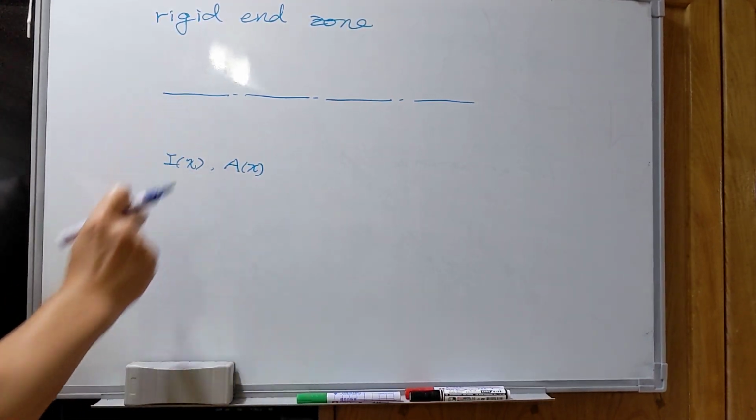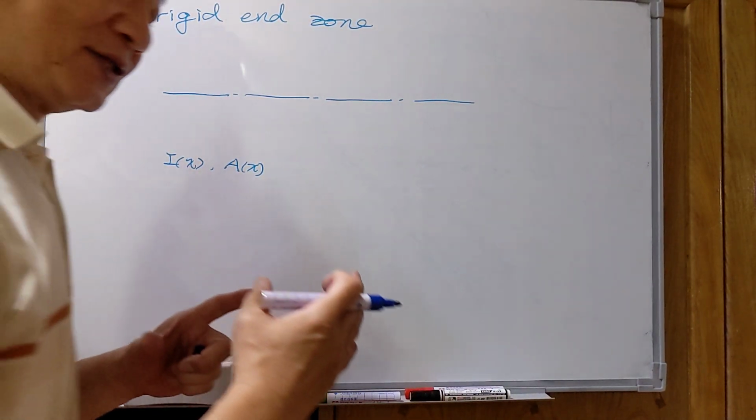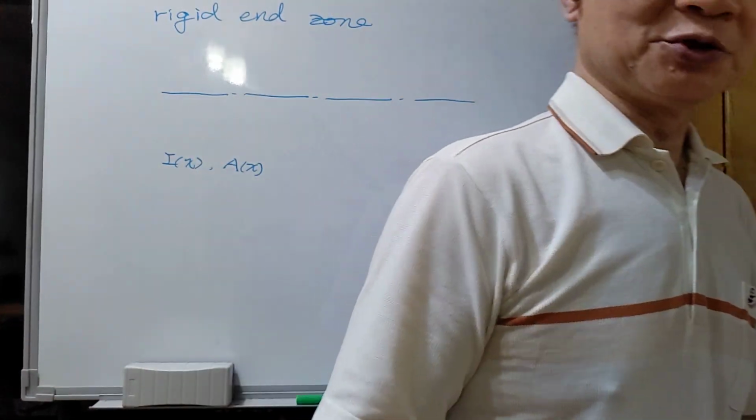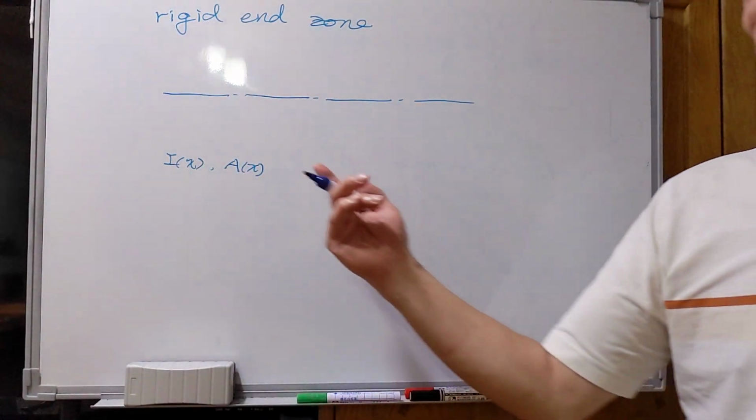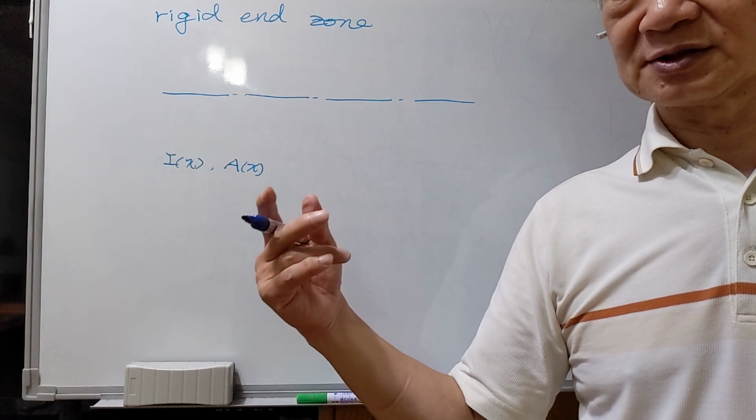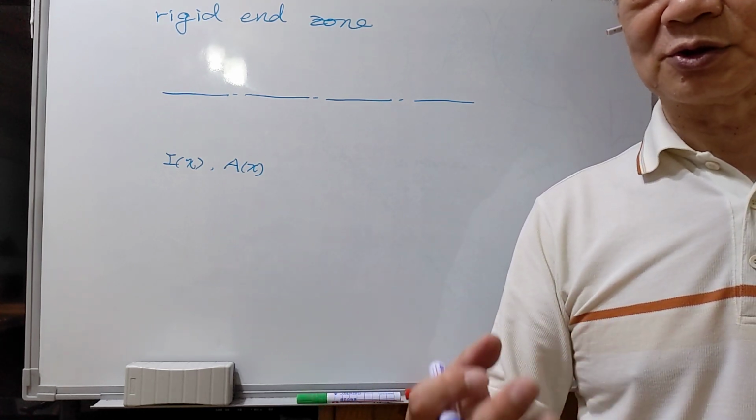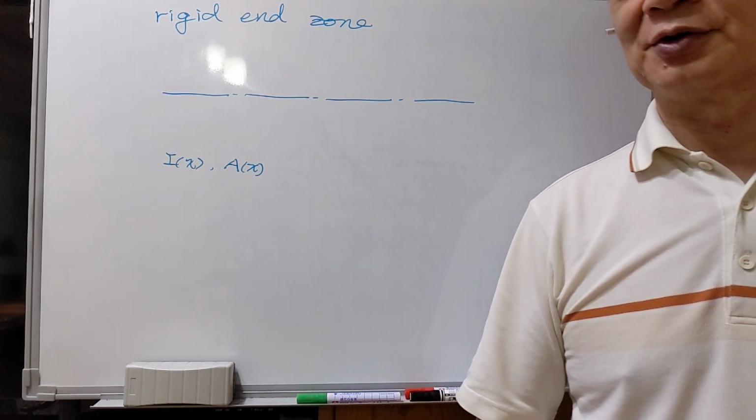Although we know the I is related to the dimensions of the cross sections, the A is the sectional area, which is also related to the sectional dimensions.